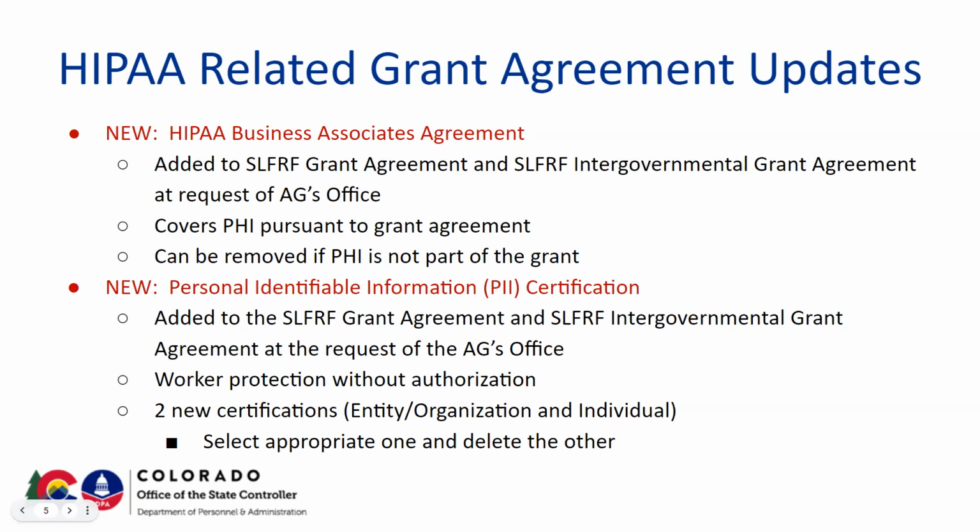One of the things that the Attorney General's office wanted to stress with all of our agreements is we wanted to make sure that the HIPAA BAA agreement or the exhibit was at the top of the list for exhibits as far as the order of precedence, and that we were going to put it in the templates with the ability to take it out if no PHI was going to be used, rather than say add it if there is PHI. So much less likely that we're going to miss anything now, because the HIPAA BAA is attached to all of the OSC approved templates.